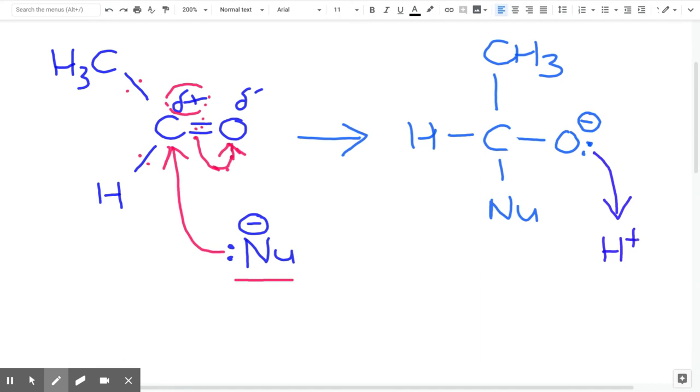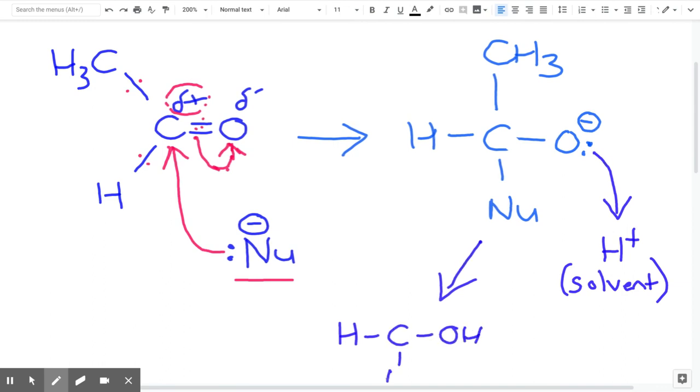It can come from an acidic reagent, or it can just come, as I say, in a very generic sense from the solvent, and it just comes from the environment, but it will allow itself to pick up a proton, and in doing so will then create the alcohol with the nucleophile that you've just reacted it with, and the CH3 drawn very badly there.